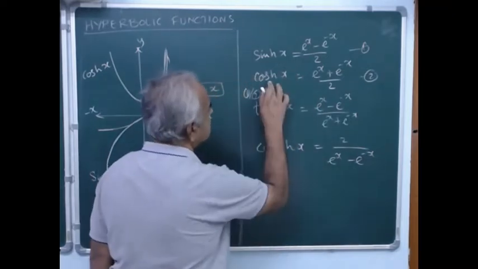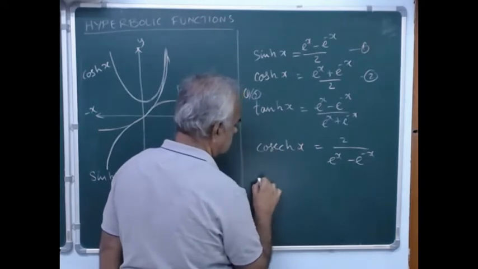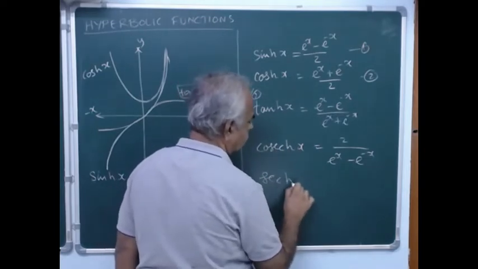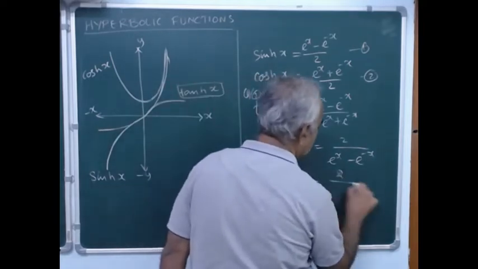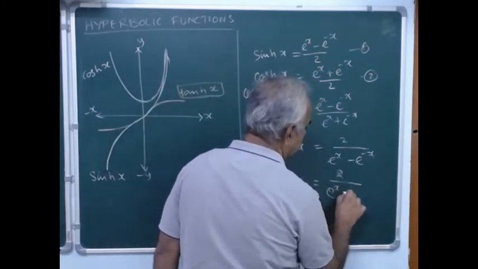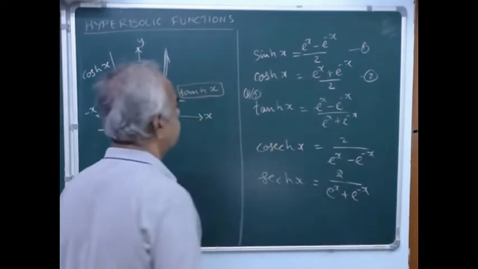And similarly, hyperbolic secant of x can be represented as 2 divided by e power x plus e power minus x.